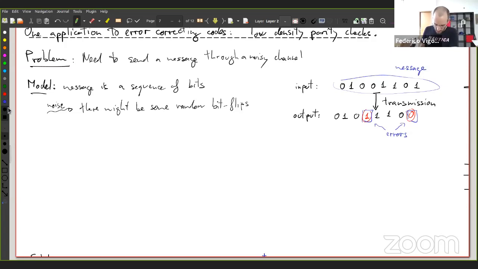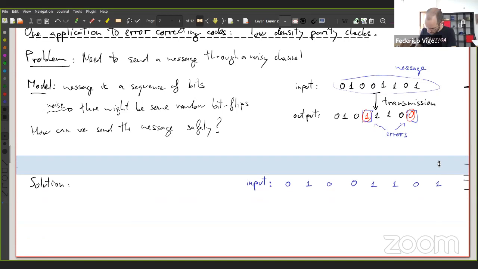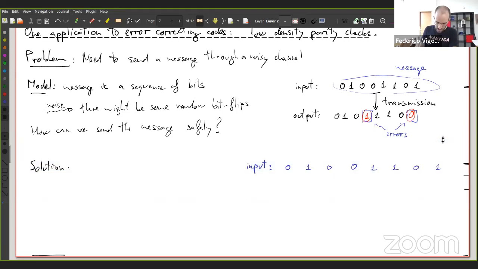So how can we safely send the message? Well, the solution is that we need to add some redundancy.